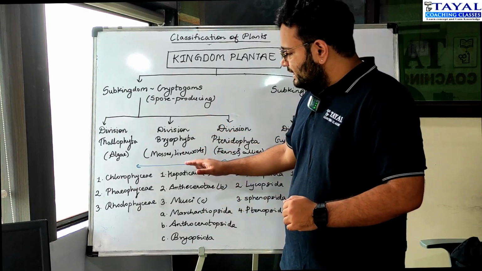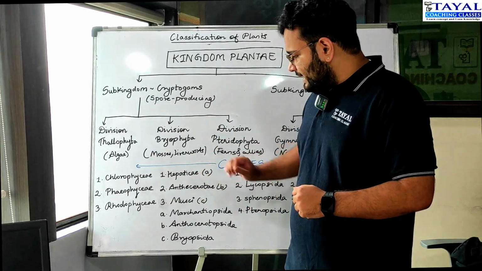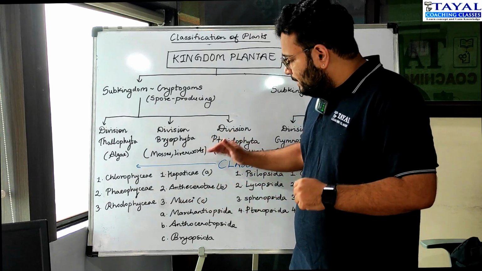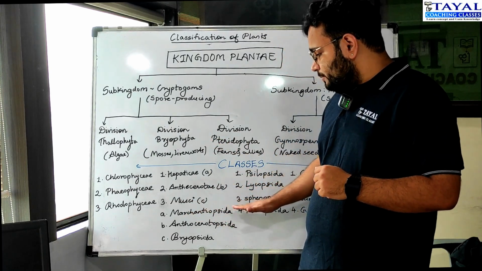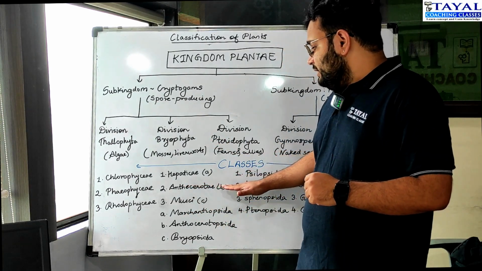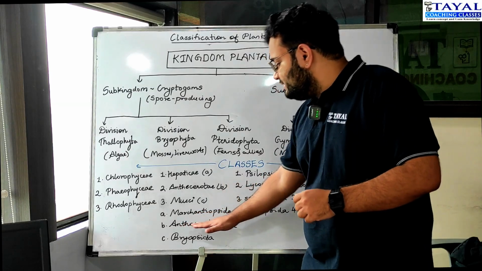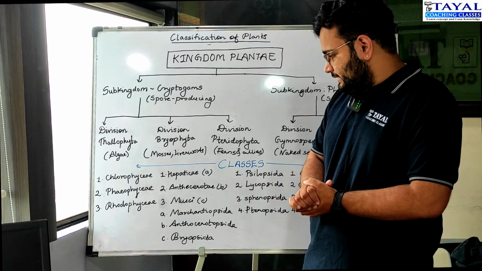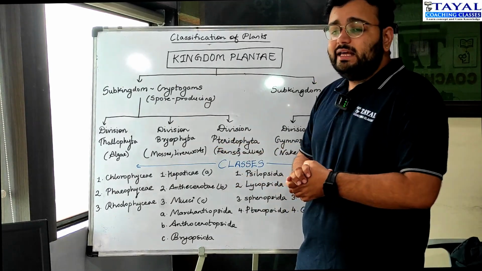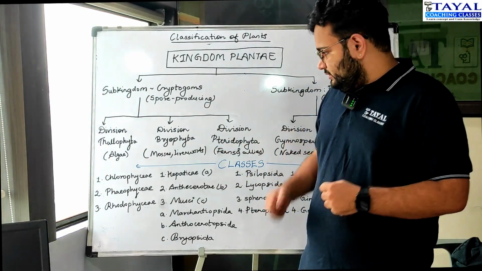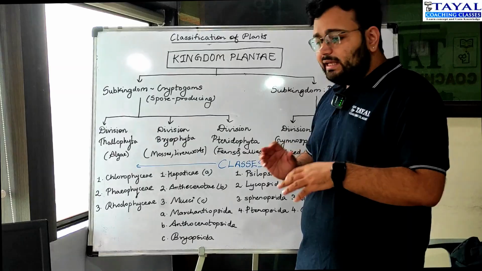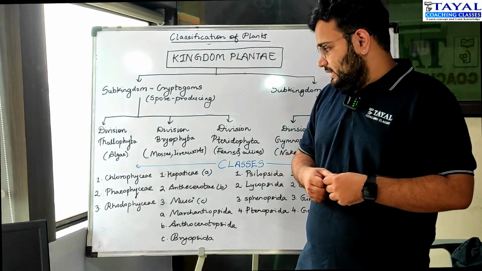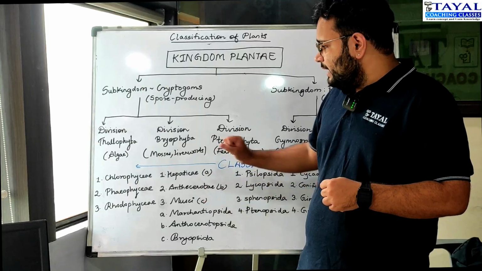In the Bryophyta, there are three classes: Hepaticae, Anthocerotae and Muscae. Hepaticae is also known as Merchantiopsida, Anthocerotae is also known as Anthocerotopsida, and the Muscae are also known as Bryopsida. In the Hepaticae, there are the liverworts. In the Anthocerotae, there are the hornworts, and in the Muscae, you have the mosses.